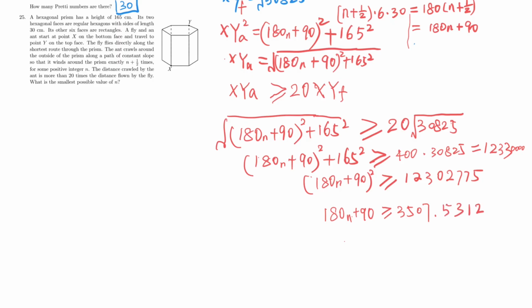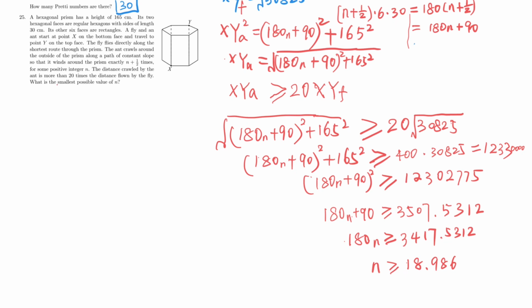So 180n is at least 3417.5312, and n is greater than or equal to 18.986.